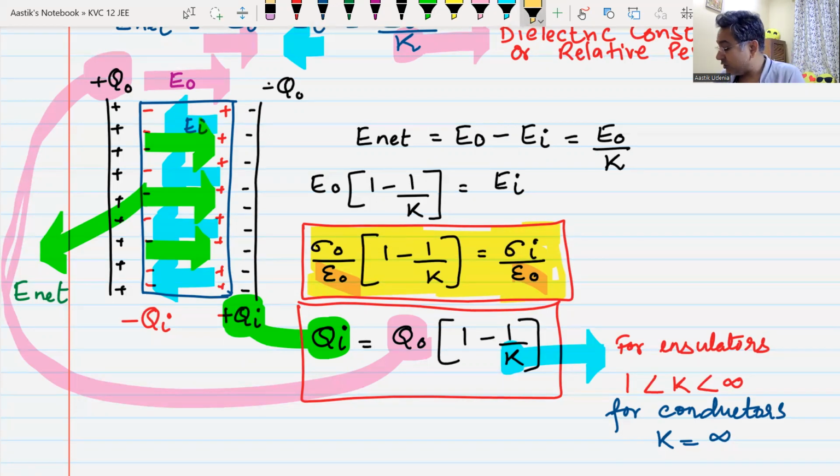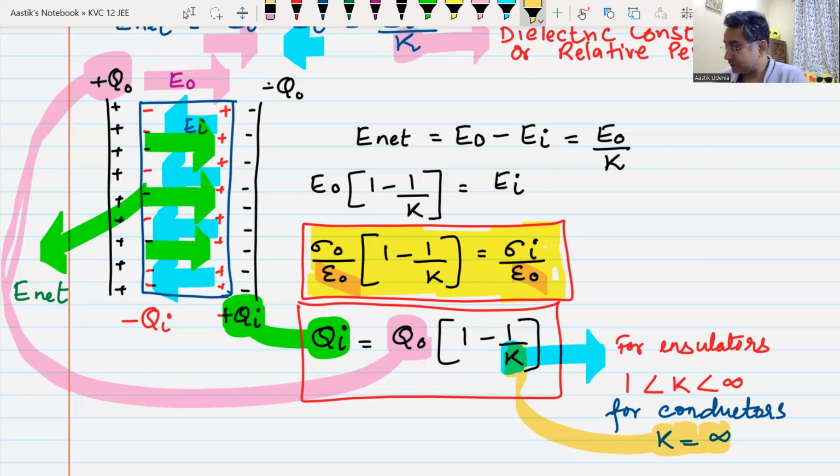Now that brings a very important result. If I put the value of K as infinity for a conductor, so if I put a conductor in between instead of a dielectric slab, then what will happen?